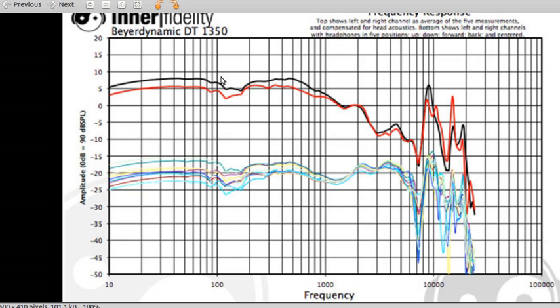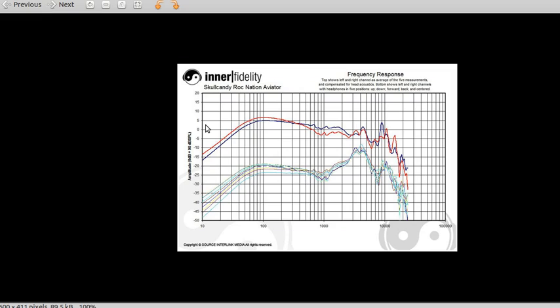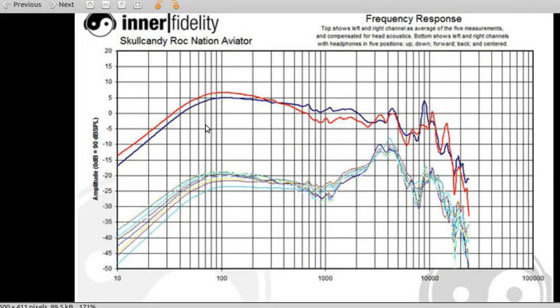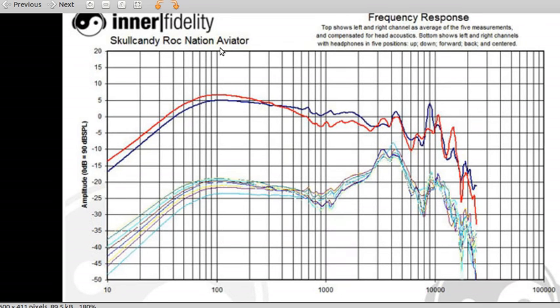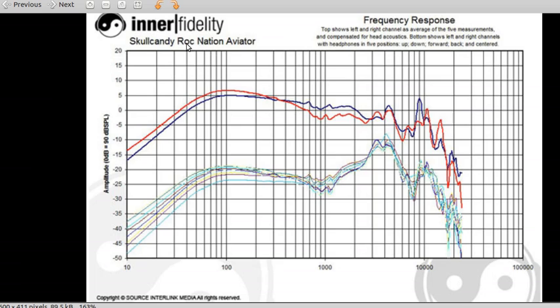The curve will be much better. This is a Skullcandy Rock National Aviator, another headphone, tested by Inner Fidelity.